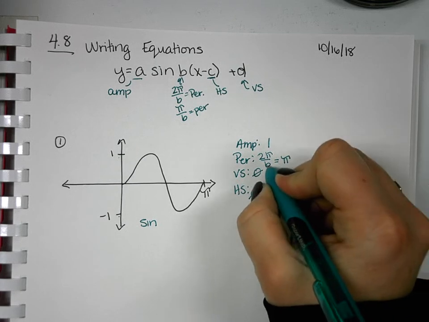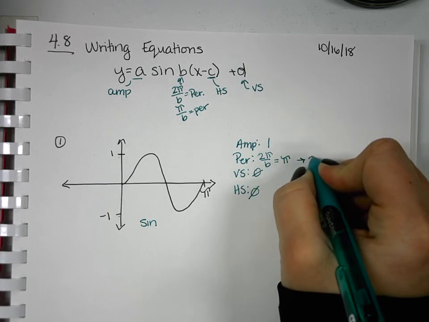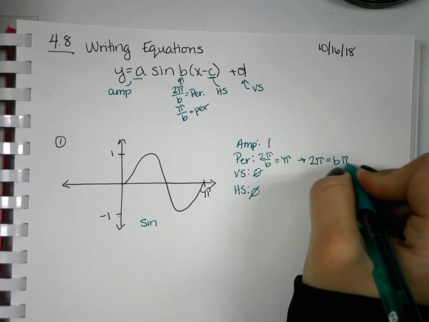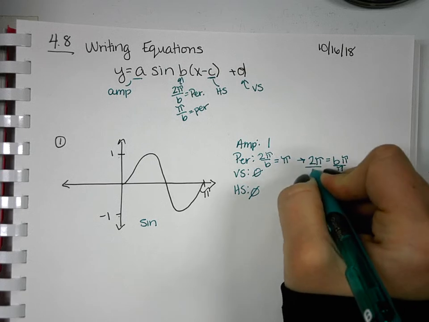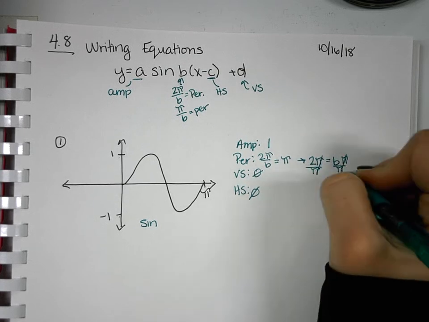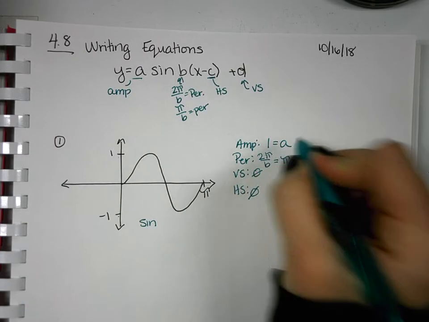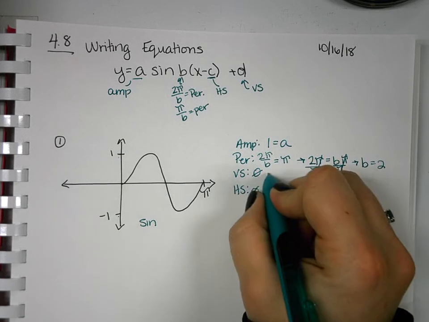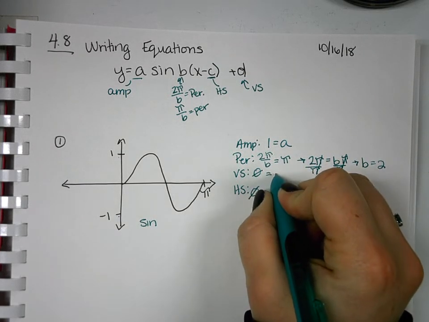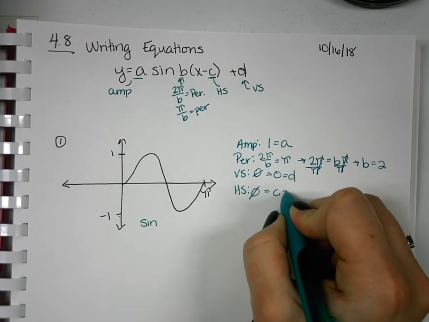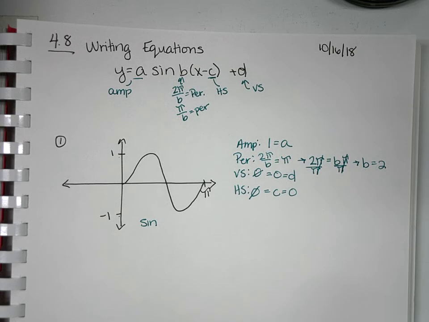So if you multiply both sides by B, and then divide both sides by pi to get B by itself, you get that B is equal to 2. So A is 1, vertical shift would be 0, and so that would be our D, and our C would also equal 0.